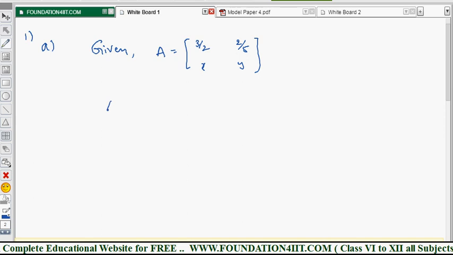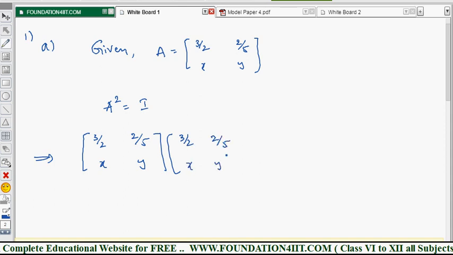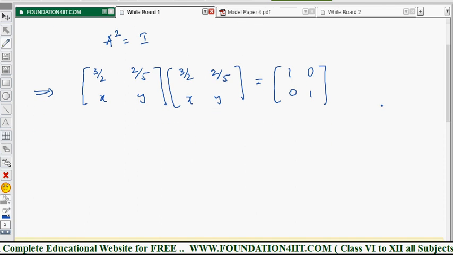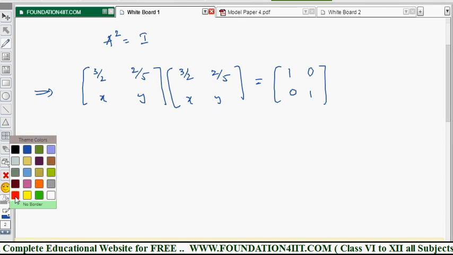Okay, and the condition is A square is equals to I. Here A square, A matrix, you should multiply it again by A. A into A, that is matrix A, 3 by 2, 2 by 5, x and y into the same matrix A, because A square is A into A. So from the given statement we can write 3 by 2, 2 by 5, x, y again, that is equals to the identity matrix. So we know it is 1 0 0 1, because every matrix is 2 by 2, you can take 2 rows and 2 columns.